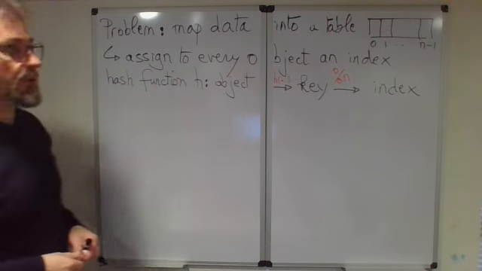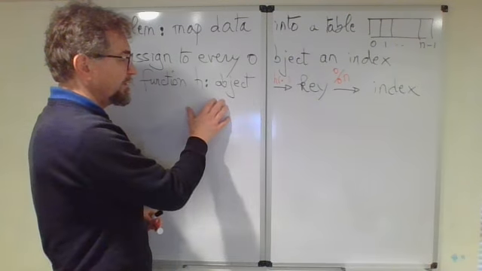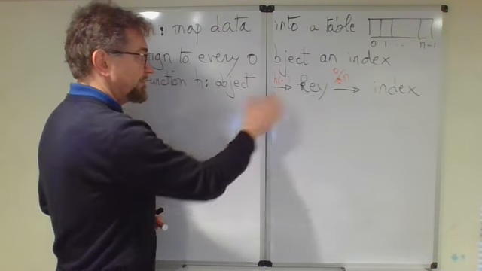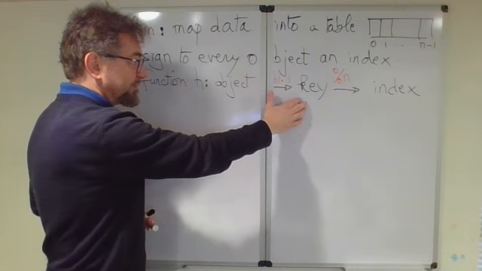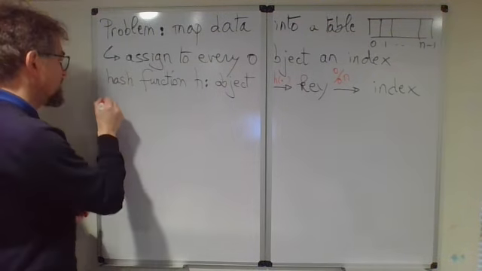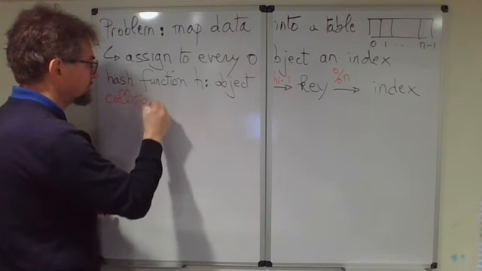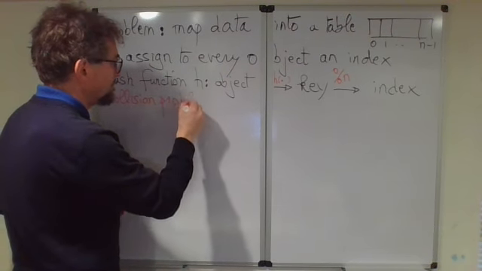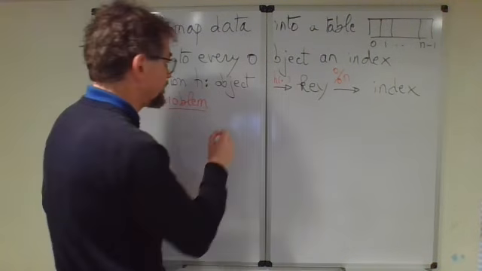Now what is the problem? The problem is that we may have objects that map to different keys, but we may have different keys that map actually to the same index. So that is the collision problem. And that's actually the problem that we will address today.